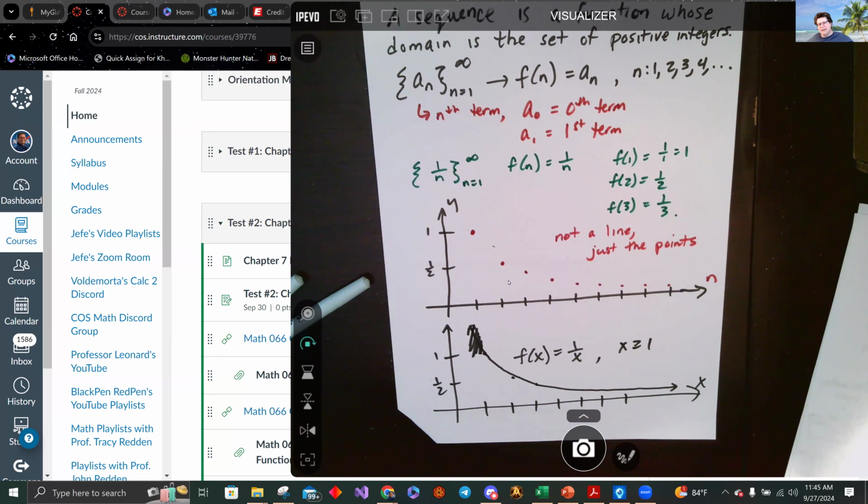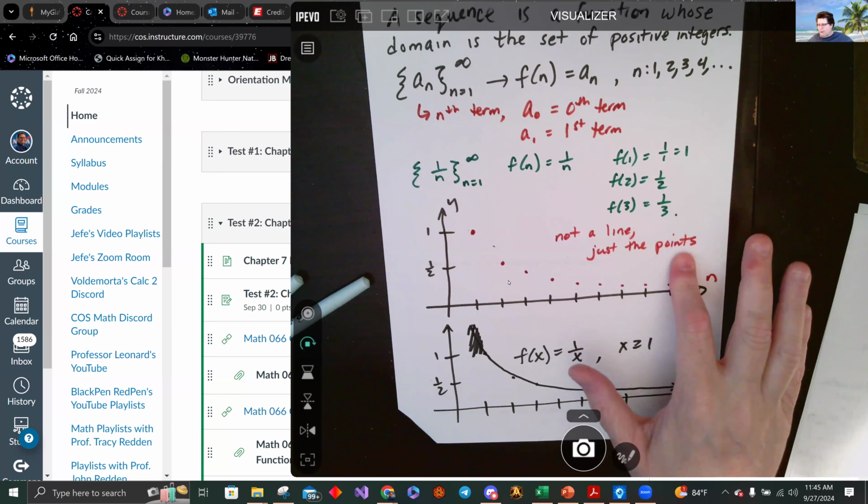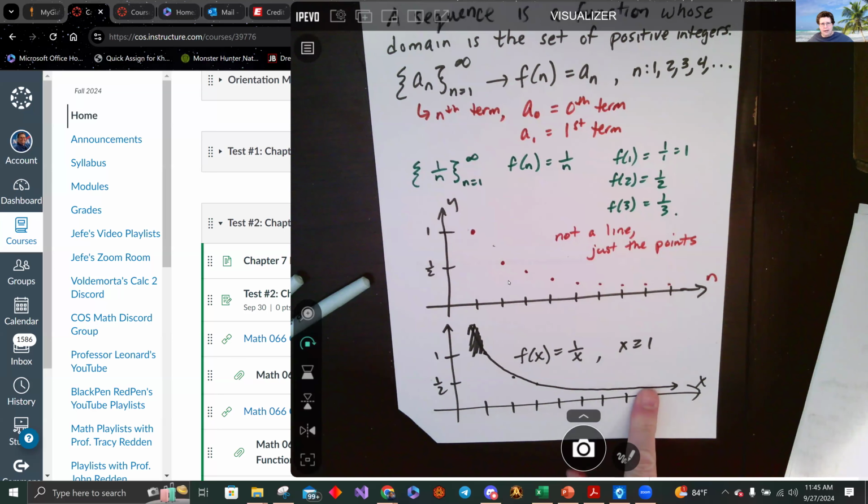And sometimes we are going to use this to figure things out. We can't do some things with the dots that we can do with the full function. So sometimes we will, it's called extending the domain.